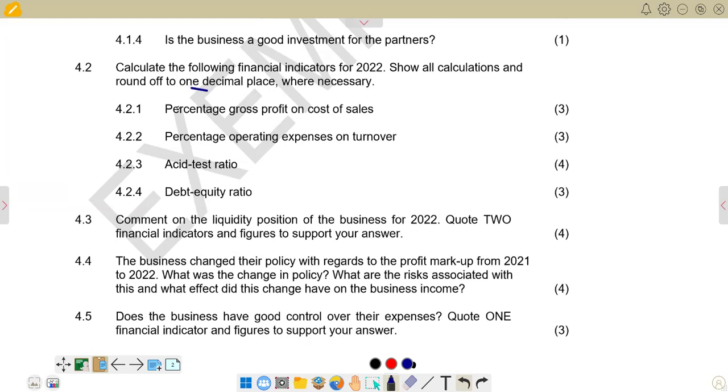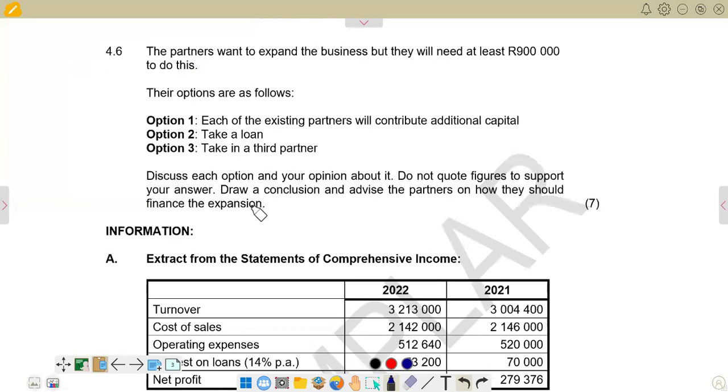So we have 4.2.1, which reads percentage gross profit on cost of sales. The information that we are going to use is in the balances that we are given.